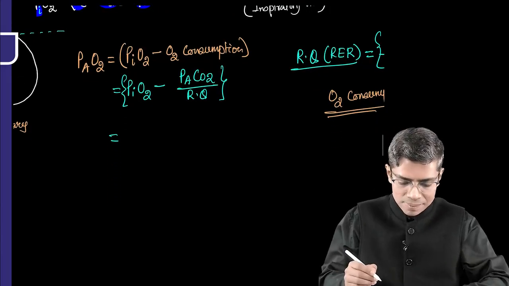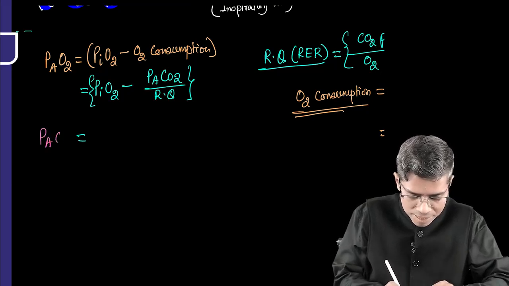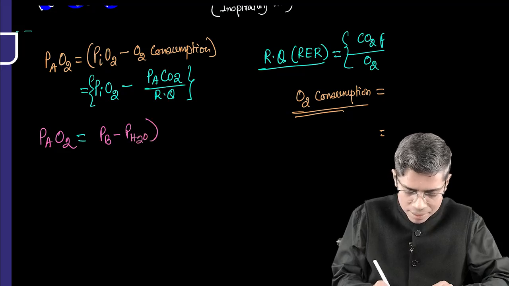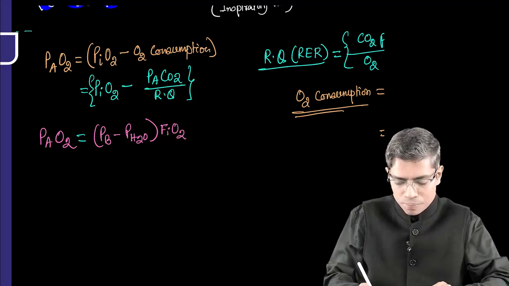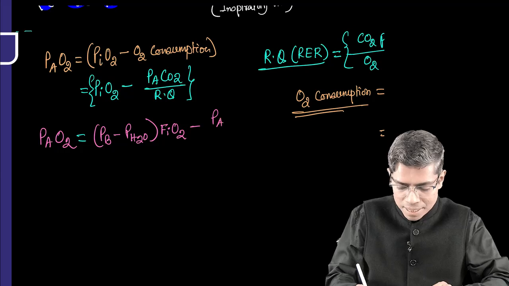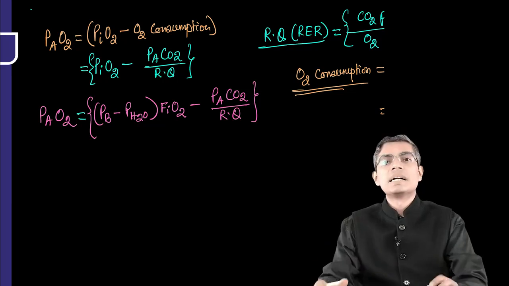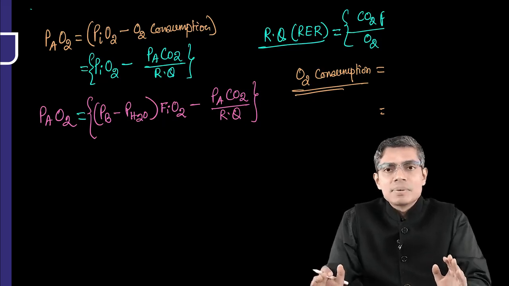So if I write down the whole equation, PAO2 is equal to (Pb minus PH2O) multiplied by FiO2, minus PACO2 upon your RQ. This is the whole equation that you have to remember, by which you can directly calculate the partial pressure of oxygen at the level of alveoli.